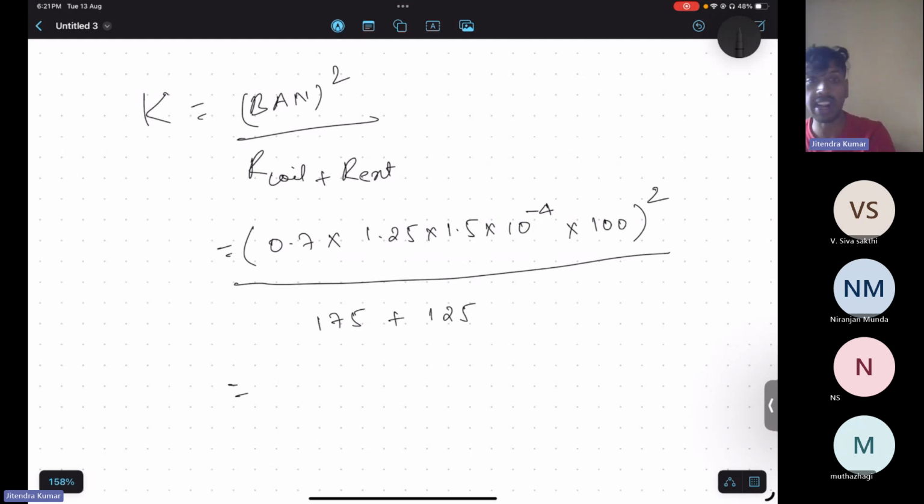How much will it come? That will be your damping constant. You will also need to take care of the unit. That should be nanonewton meter per degree per second, so you will have to shift by 10 raised to power minus 9.